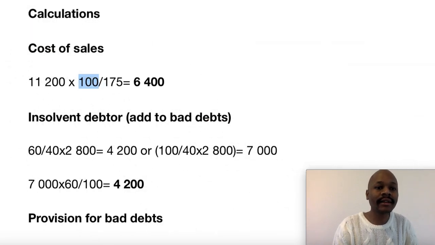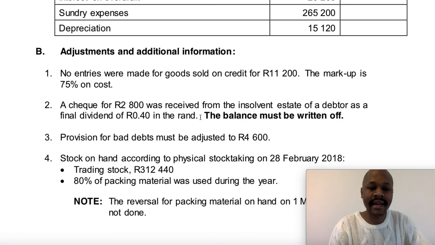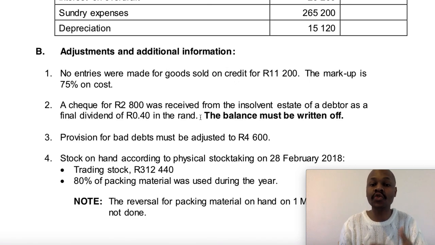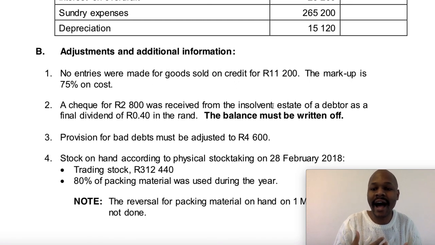Then we have the second adjustment. This second adjustment talks about bad debts. Let's hear what they say. They say a cheque for 2,800 was received. Remember, you can receive a cheque or issue a cheque. When you receive a cheque, it means you received income. When you issue a cheque, you made a payment. There's a difference there. They say a cheque was received from an insolvent estate of a debtor, meaning this debtor could no longer afford to pay their debts, so they had to be liquidated.